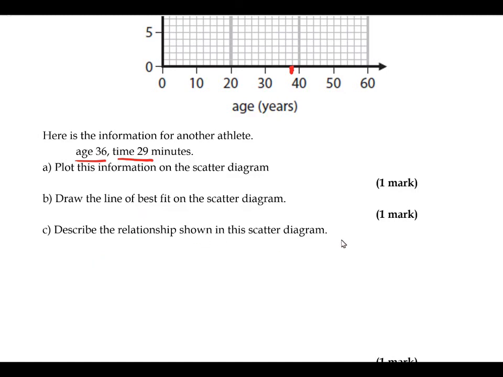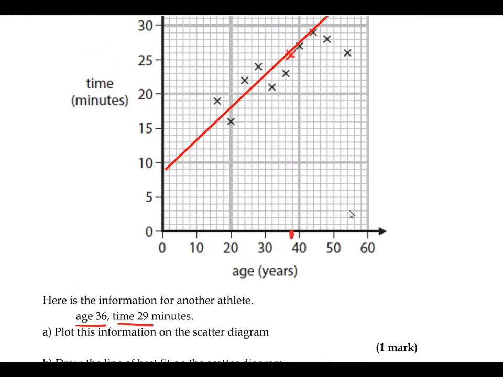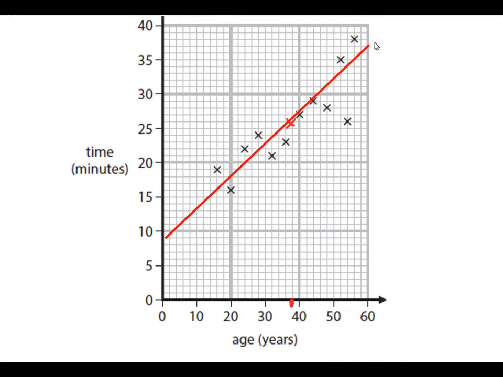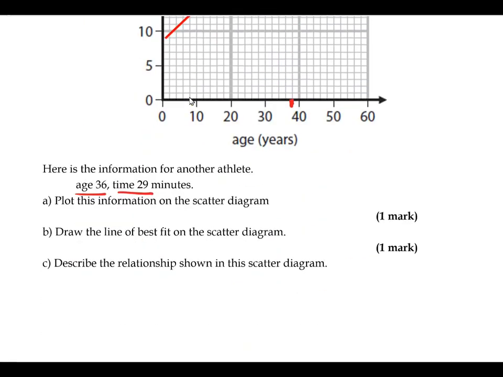Describe the relationship shown in this scatter diagram. So the relationship going in this direction from bottom left to top right is what we call positive correlation, which means the older the years, the longer the run takes. So as a minimum for the mark, describe the relationship.